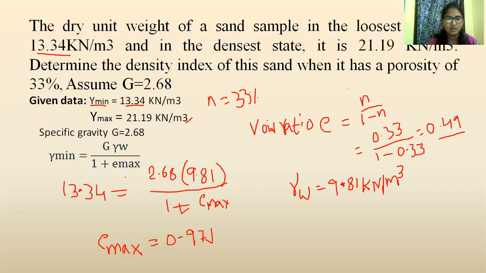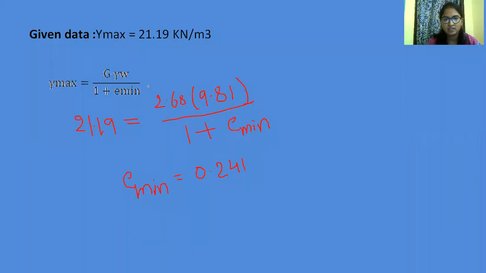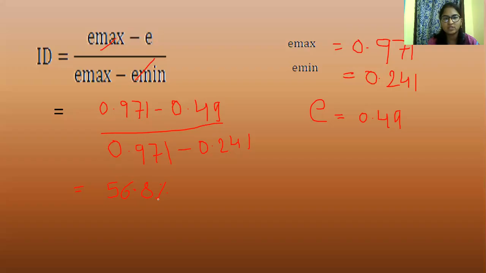Now we can solve for the maximum void ratio by using this formula, and by taking this equation, we can find the e minimum value. Now substitute the maximum void ratio, minimum void ratio and natural void ratio in the density index. Finally, we determine the density index as 56.8%.